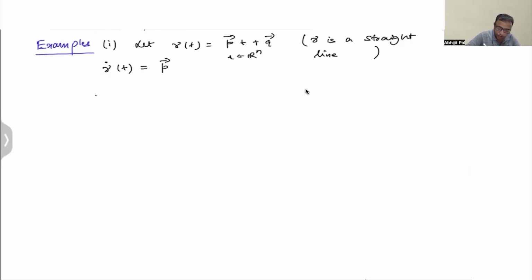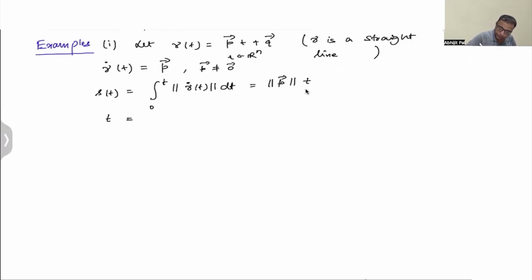Okay. So now, what will be the arc length parameter? You take the integration from 0 to t of the norm of gamma dot t dt. So it will be equal to the norm of p bar times t. Here obviously p bar is not equal to the 0 vector.